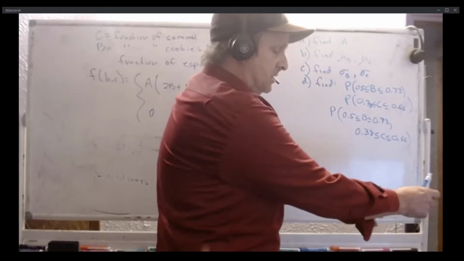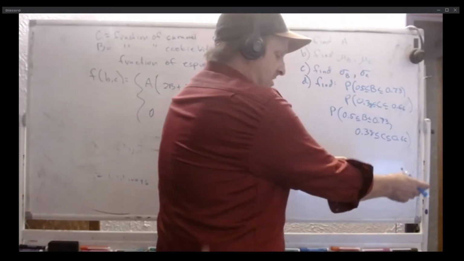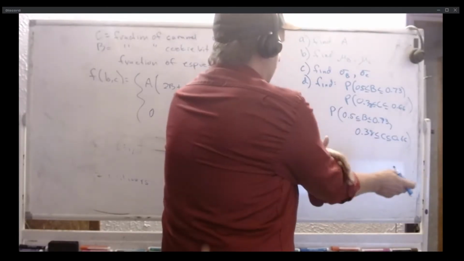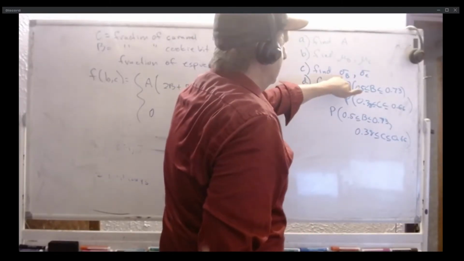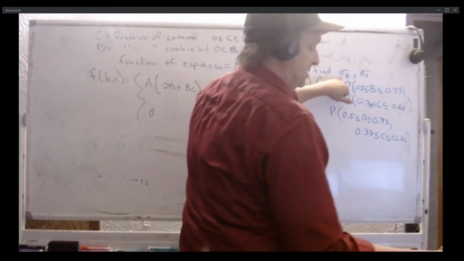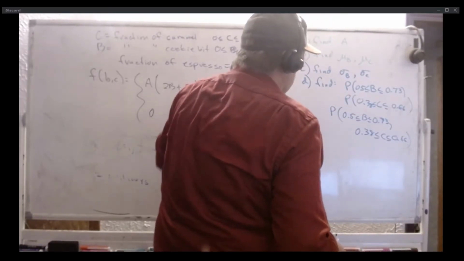G of X, H of Y. Because to find the means of B and C, we need the marginals. We need to get rid of the other variable. Same thing applies here. We need to use the marginals to find the variance of the variable by itself, and then take the square root to find the standard deviation.